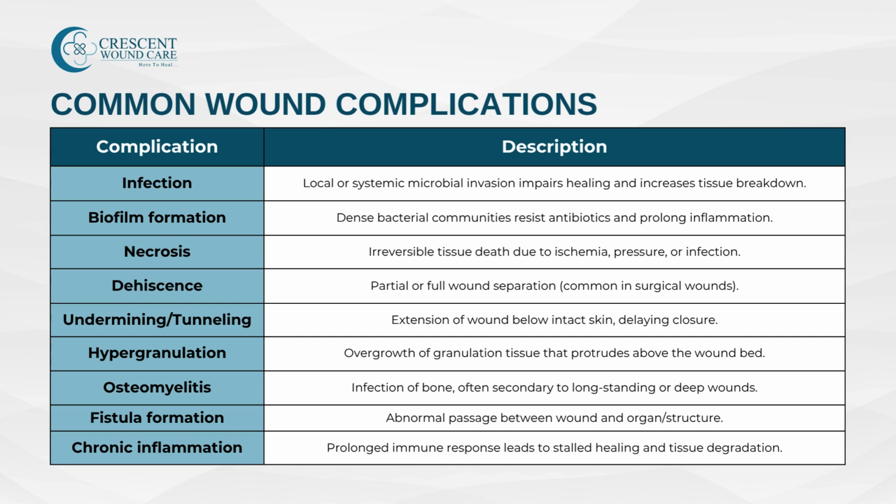Osteomyelitis, infection that reaches the bone, often requiring long-term IV antibiotics or even surgery. Fistula formation, when a wound creates an abnormal tunnel to another organ, like the bladder or bowel. Chronic inflammation, the wound gets stuck in a cycle of destruction instead of repair. Each of these is a red flag, and your job is to catch them before they escalate.